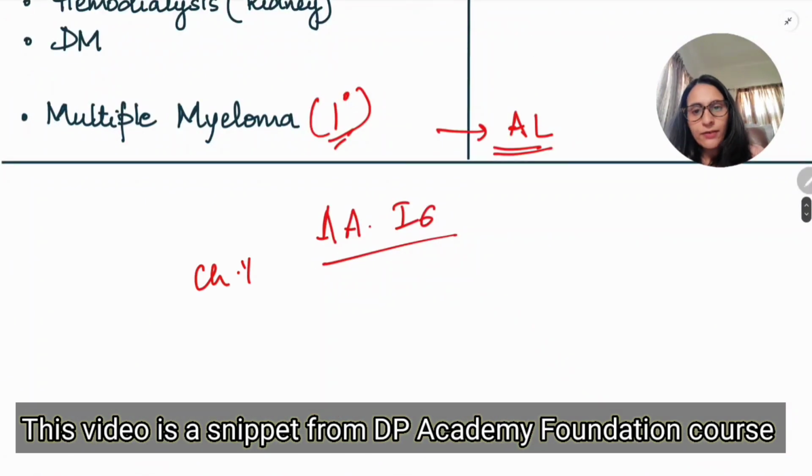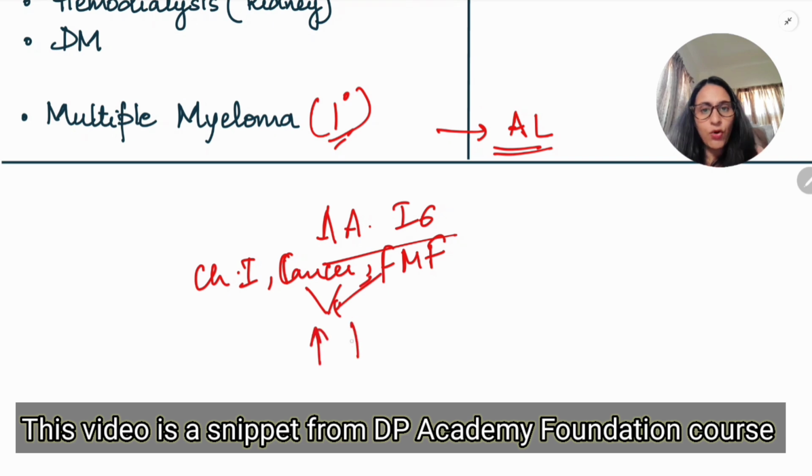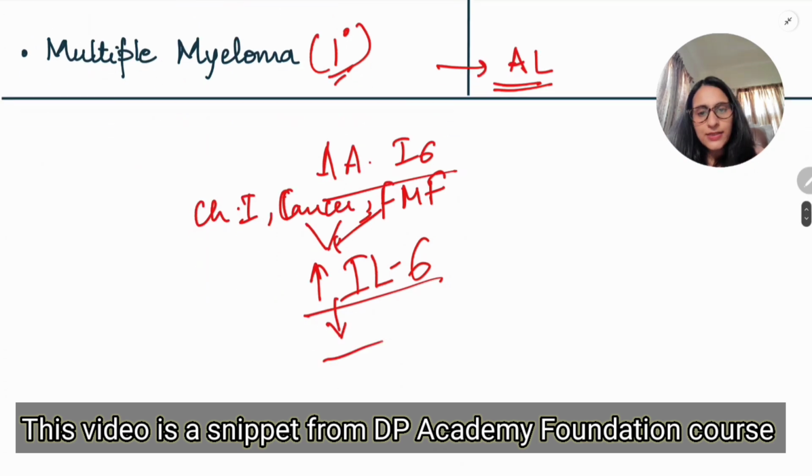So what happens in all of these? For example, in chronic inflammation, in cancers, and in familial Mediterranean fever, there is increased level of interleukin 6. I told you it is associated with interleukin 6. Also, interleukin 1 is involved, but interleukin 6 is the most commonly involved. When there is increase in the level of interleukin 6, it is going to act on the liver.